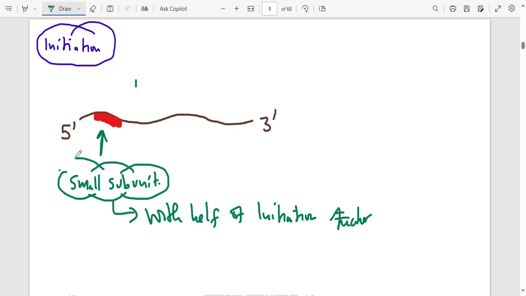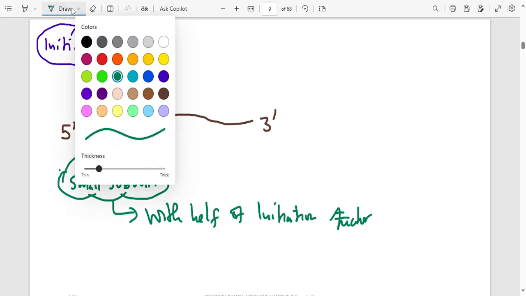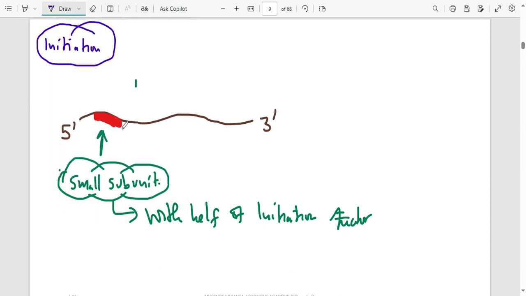What is going to be the next step that is going to happen? I want you to understand this, dear friends. You find different things in different books, but the small ribosomal subunit will start moving in this direction. It moves in the 5 prime to 3 prime direction.